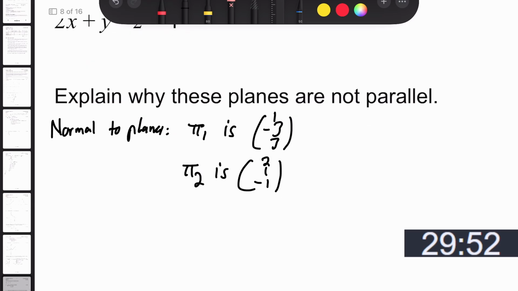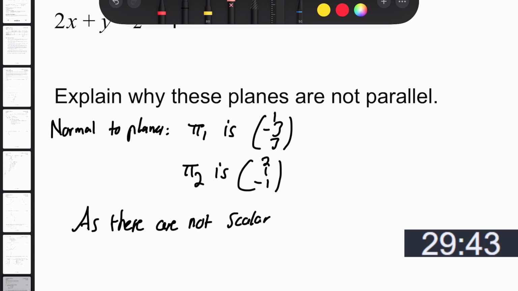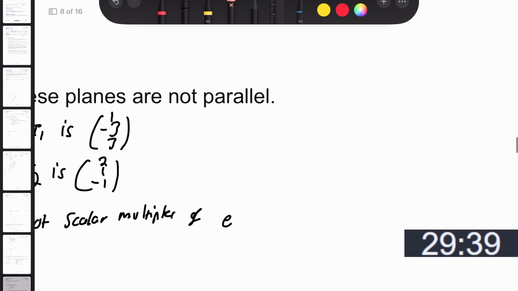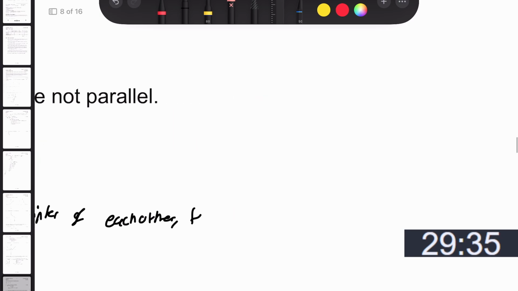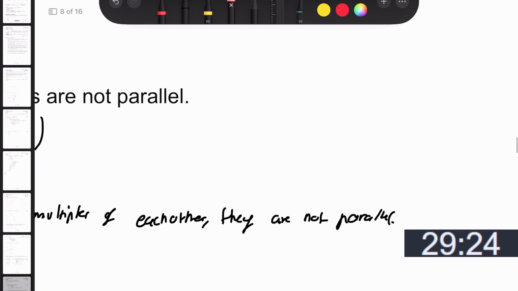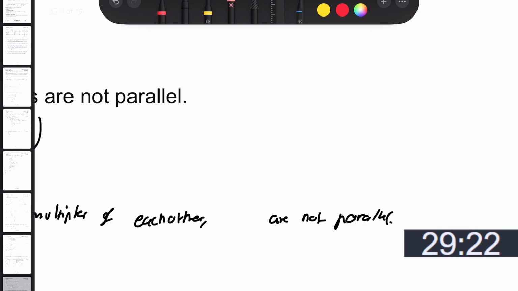As these are not scalar multiples of each other, they're not parallel.